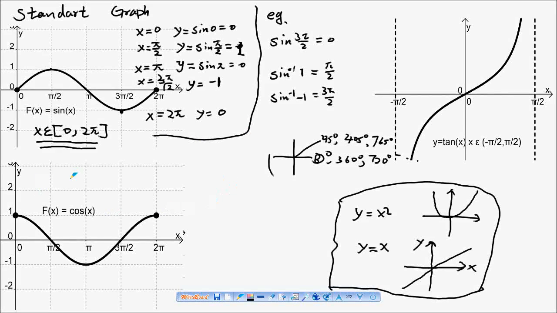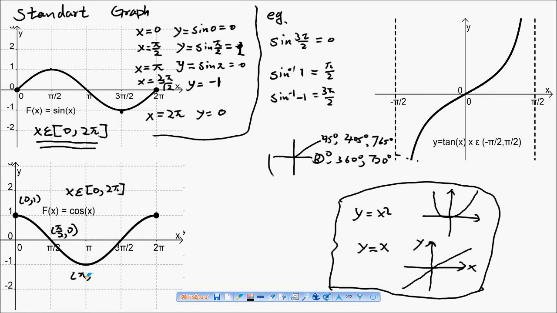Similarly, the standard cosine graph has a domain, square bracket, from 0 to 2 pi. It starts from 0, 1, and when x is pi on 2, it's 0, so we have the x-axis.